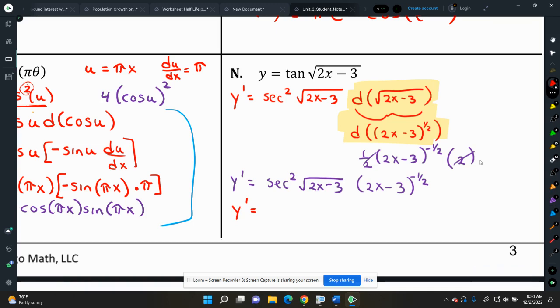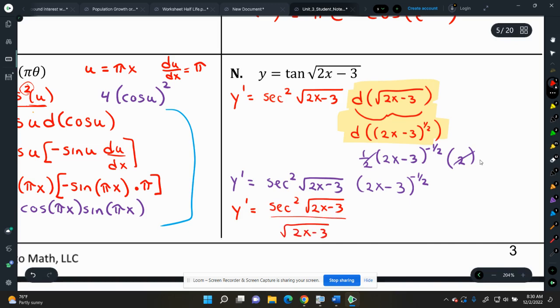Okay, so I'm going to go ahead and rewrite this as secant squared times the square root of 2x minus 3 over the square root of 2x minus 3. Okay, you can have it in different forms, as long as they are equivalent.